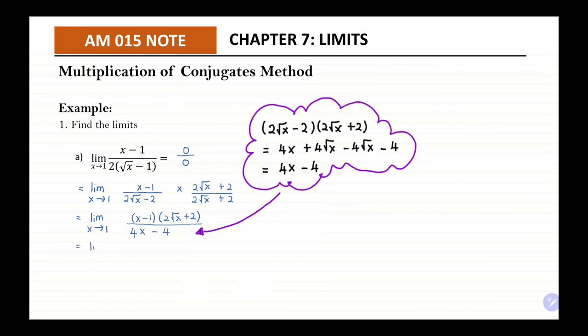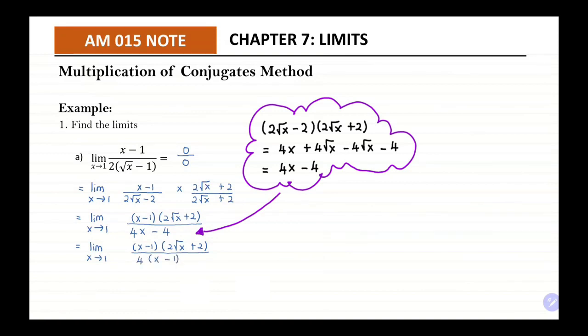Then we solve the limit as x approaches 1 of (x minus 1)(2 plus root x) divided by (4 minus x), we can factorize, then we get x minus 1.